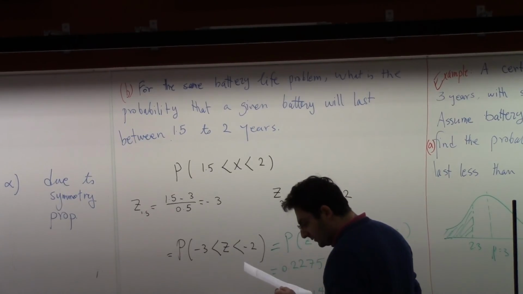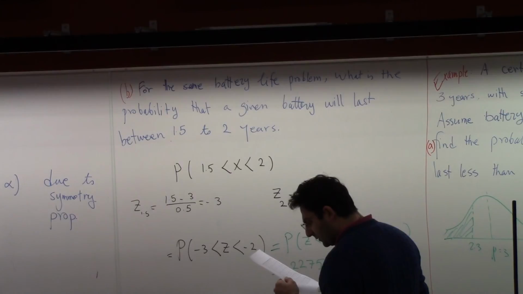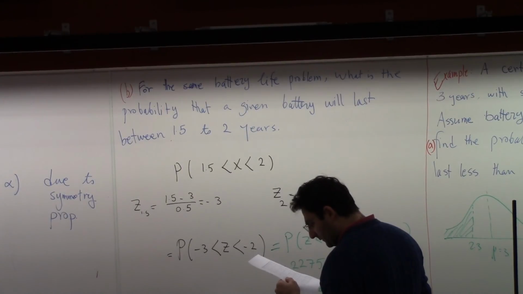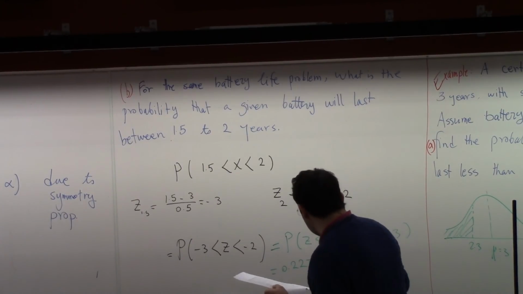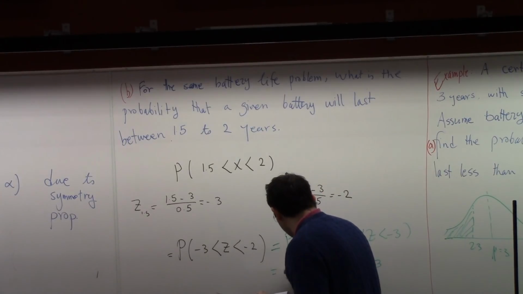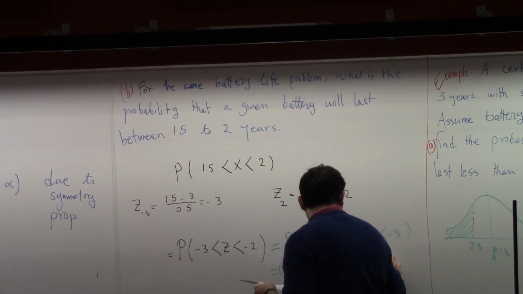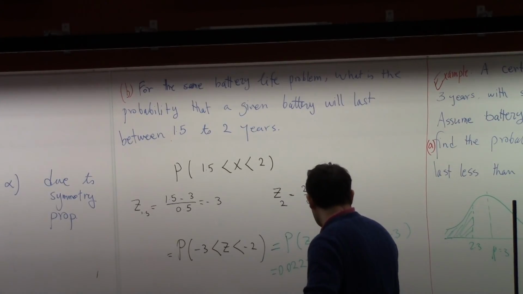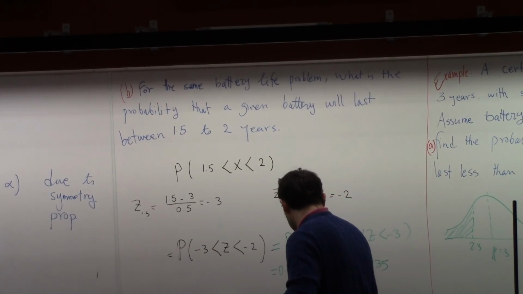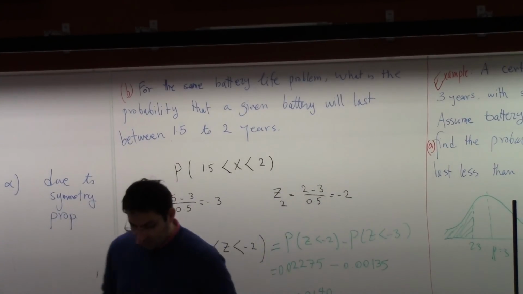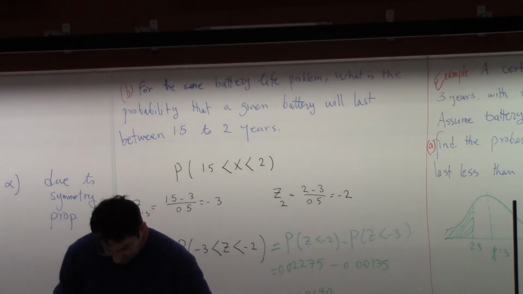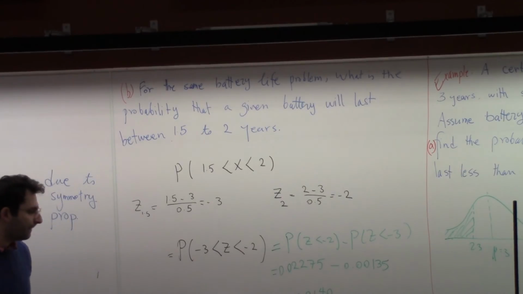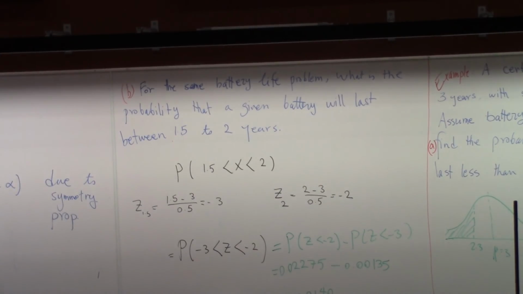That's 0.00. I missed the 0 here. So this is 3, this is 1, this is 2, this is 0. This is that probability.